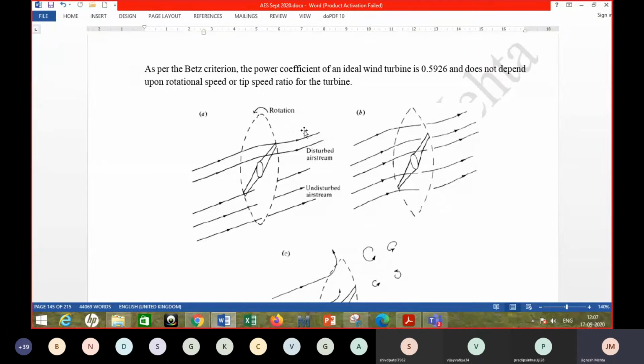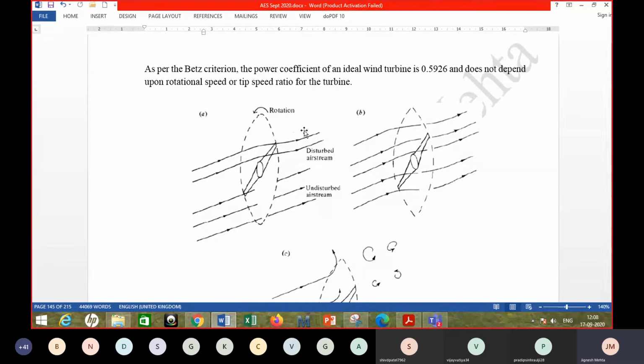But in the case of a real turbine, let's say the one shown in the figure having just two blades, rotating slowly, because of its rotation at least some part of the air passing through this circle is getting distorted or disturbed, as shown in the figure.